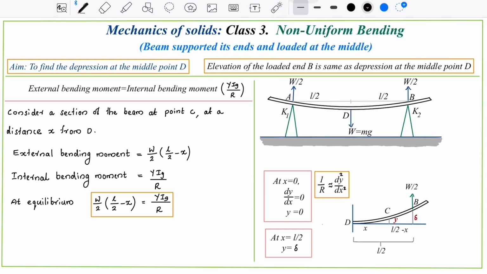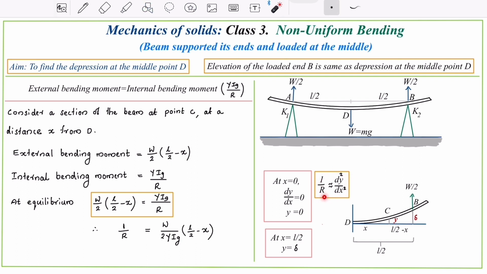W by 2 into L by 2 minus x is equal to YIg divided by R, from which 1 by R is equal to W divided by 2YIg into L by 2 minus x. Now what is 1 by R?